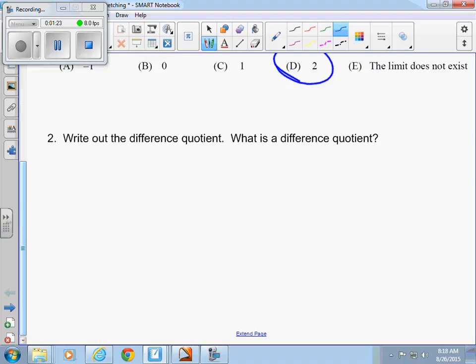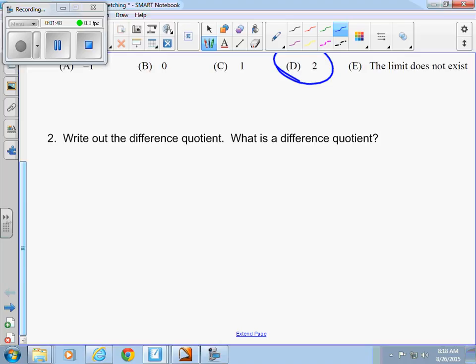Do y'all remember how to do that without a calculator? Okay, yeah. So if it was like x to 2. Anyway, so write out the difference quotient. Do you even know what that is?